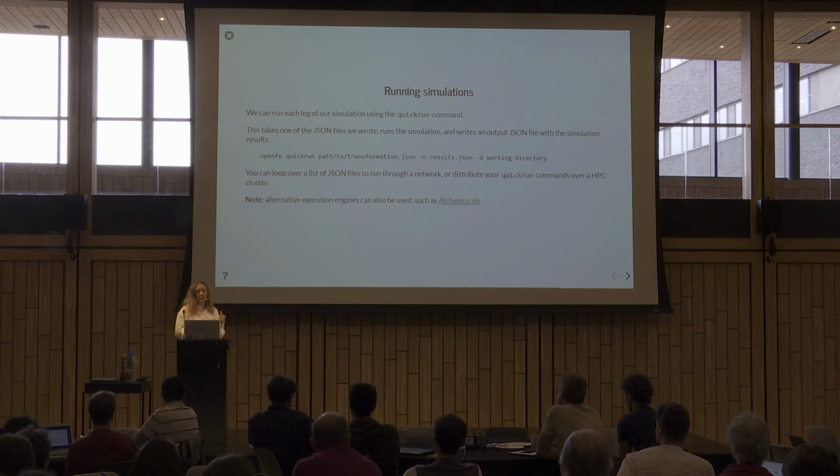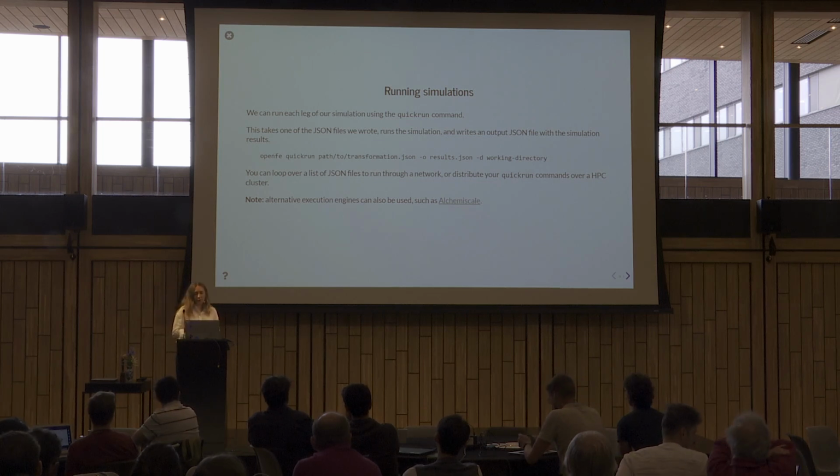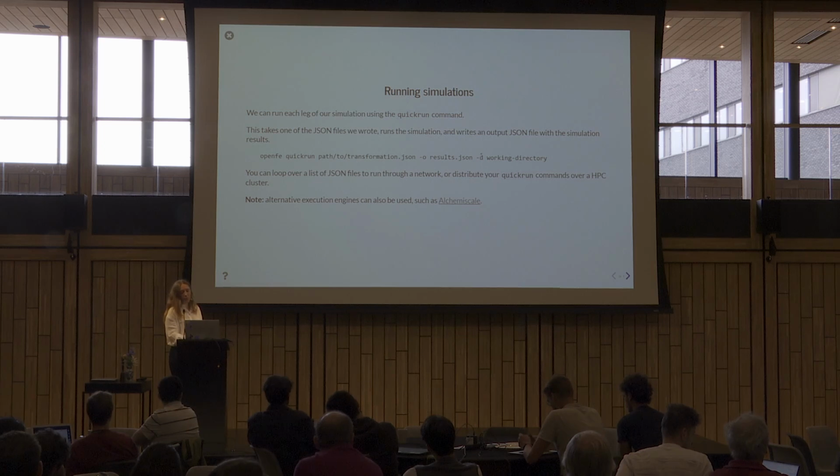But how you would do this is using our quickrun CLI command, where you just give it the path to your transformation.json file that we saved to disk, or that also came from running that command line command, and you give it the name of how you want to call the results, and in what directory you want to store the results.